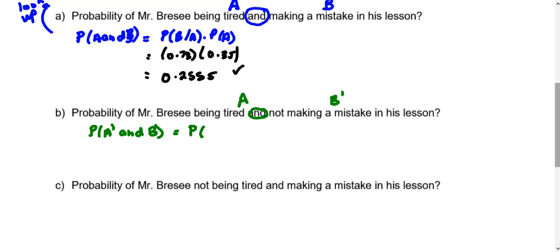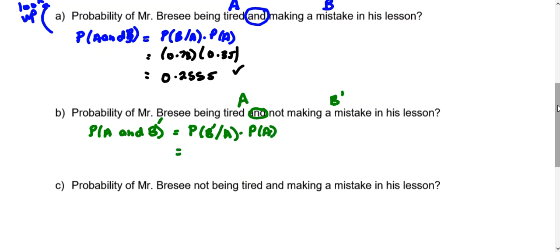So, oh, I made a mistake. It should have been B prime there. Okay, so if B is primed in this part, then it's got to be primed in this part.